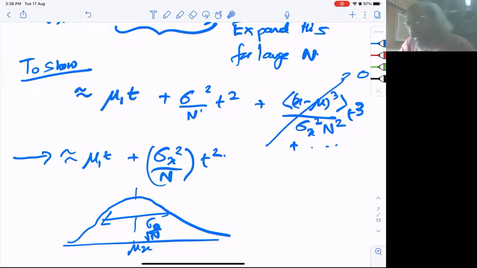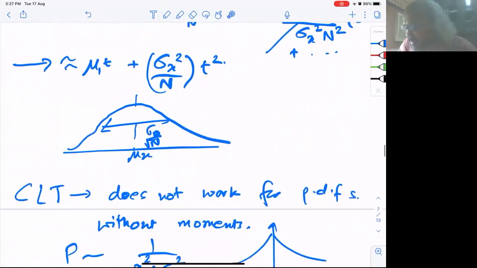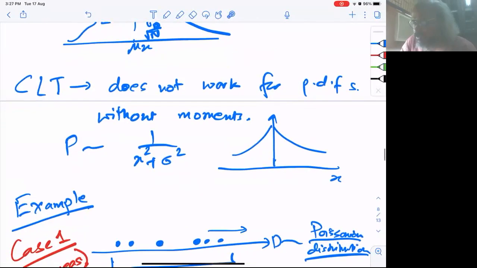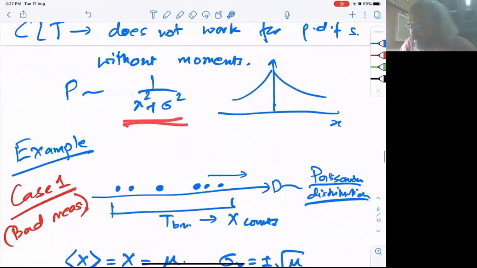As we were talking about last time, there are probability distributions like Lorentzian or Cauchy, for which there is no first and second moment. In that case, the central limit theorem doesn't work. Otherwise, whenever any probability distribution has first and second moments, all of them start looking Gaussian.